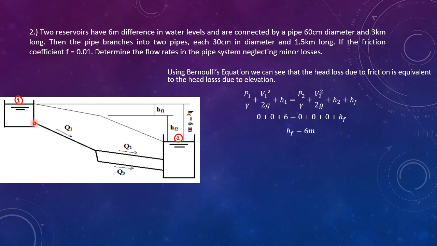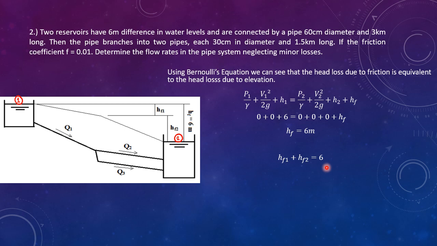Now since pipe 1 is in series with pipe 2, we can say that the sum of their head loss is equal to the total head loss, 6 meters. That is, HF1 plus HF2 is equal to 6 meters.